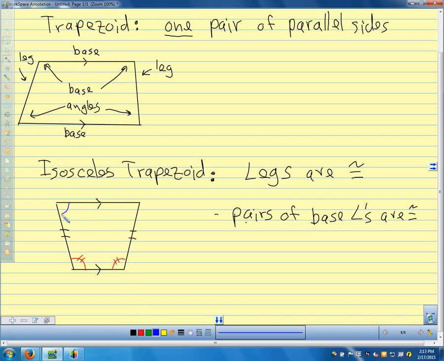And the other base angle up here would be congruent to this base angle up there. And we can't draw all this stuff in here, but a couple of other things happen with isosceles trapezoids. The diagonals are congruent.